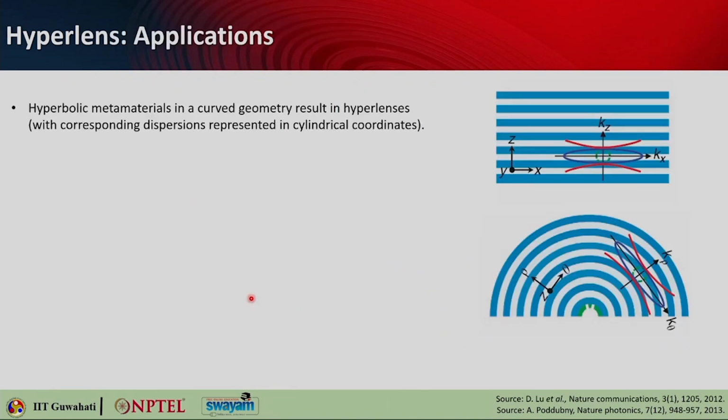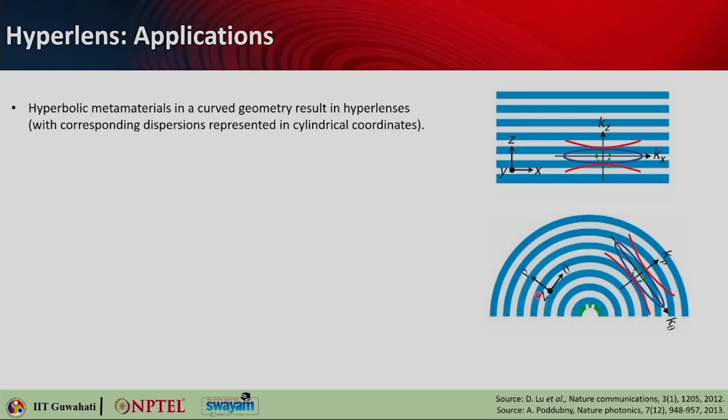So, here are some examples, if you can see. Here are some sub-wavelength objects that were imaged using the hyperlens. Hyperbolic metamaterials in curved geometry result in hyperlenses, with the corresponding dispersion represented in cylindrical coordinates.